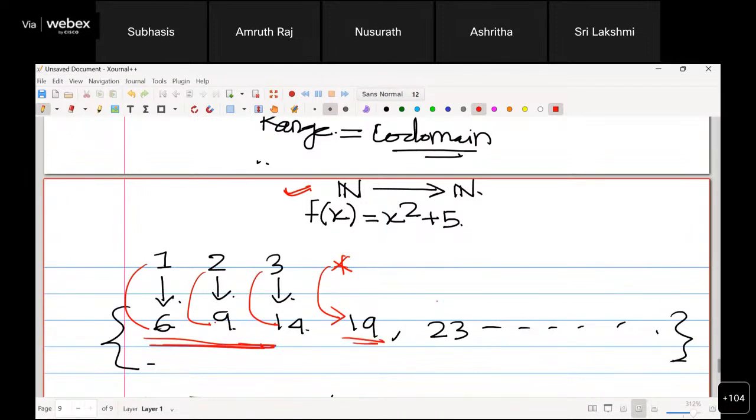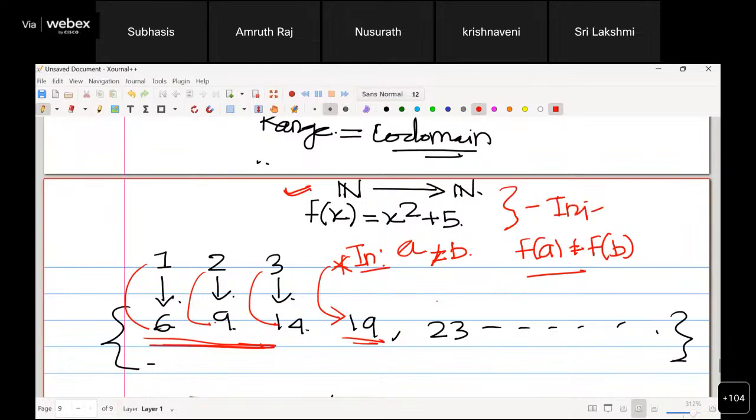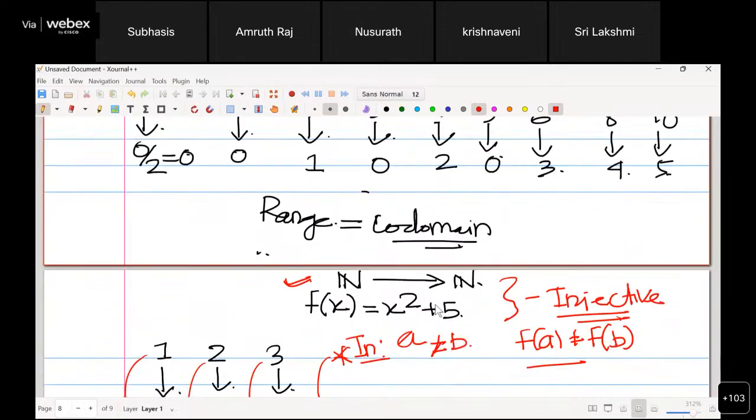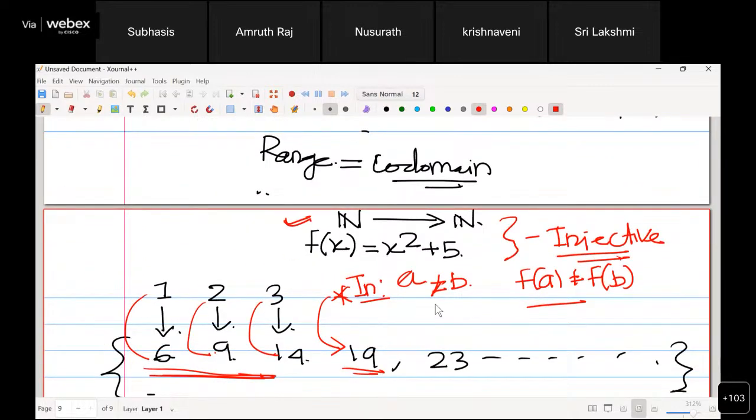For different elements A and B, the images are different. So this is injective, but this is not surjective, because the codomain is all natural numbers.